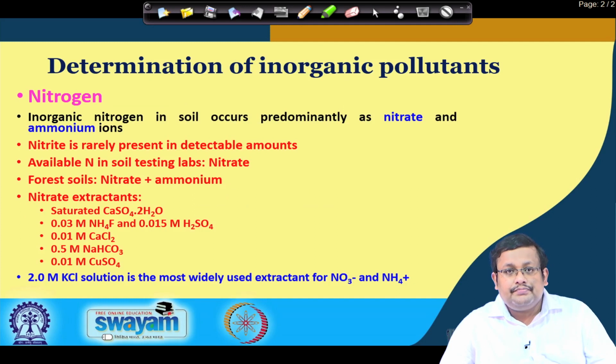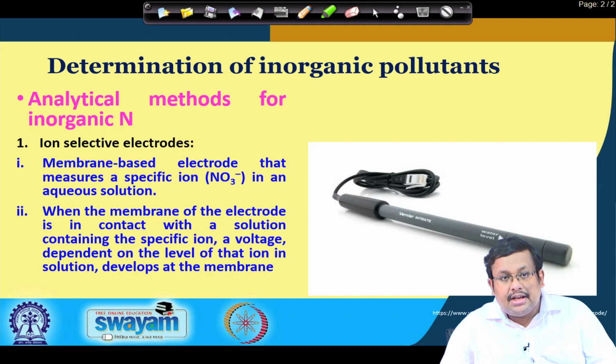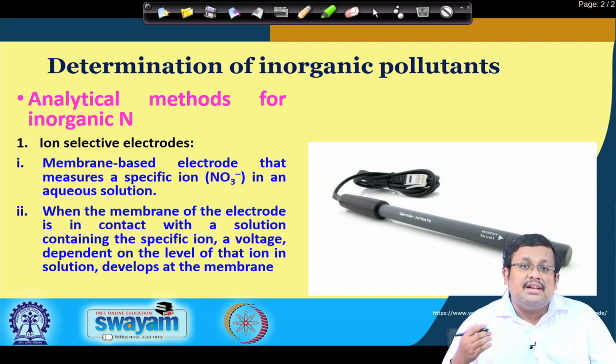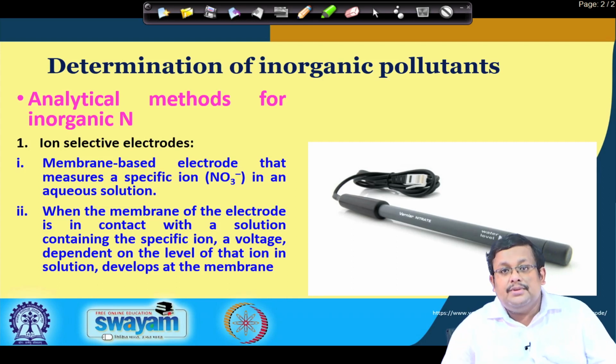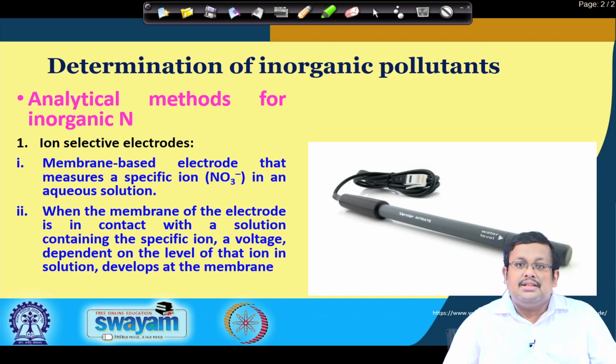Then we started with the determination of inorganic pollutants like nitrogen, and we talked about different extractants like saturated calcium sulphate, calcium chloride, sodium bicarbonate, copper sulphate, and so on and so forth. And then we talked about some analytical methods or instruments which we require for measurement of inorganic nitrogen. We started with the ion selective electrodes.